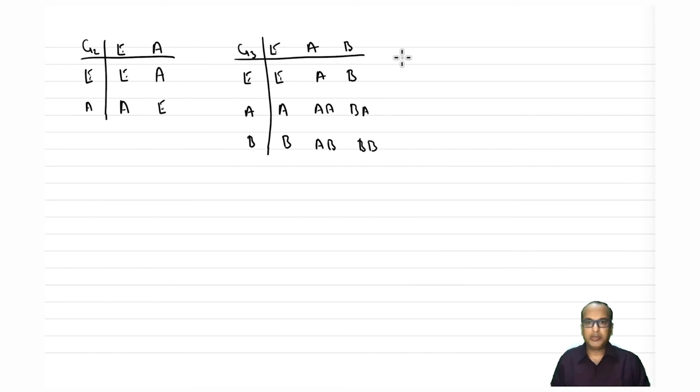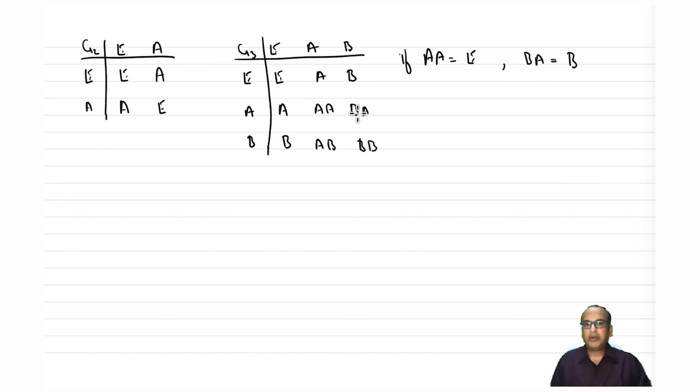Let us suppose AA is equal to E. Then for BA, A is already taken and E is here, so the only option that can come here is B, right?